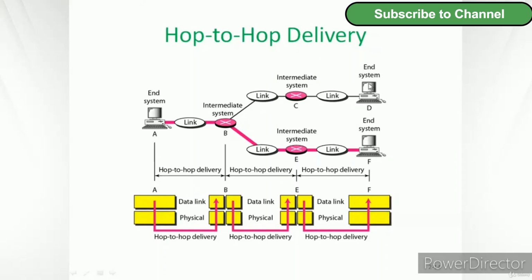This is an end system, this is an end system, and the data is transmitted from this sender to the next node, which is an intermediate system. When data flows from one node to another, that is called one hop distance, and that is hop to hop delivery.